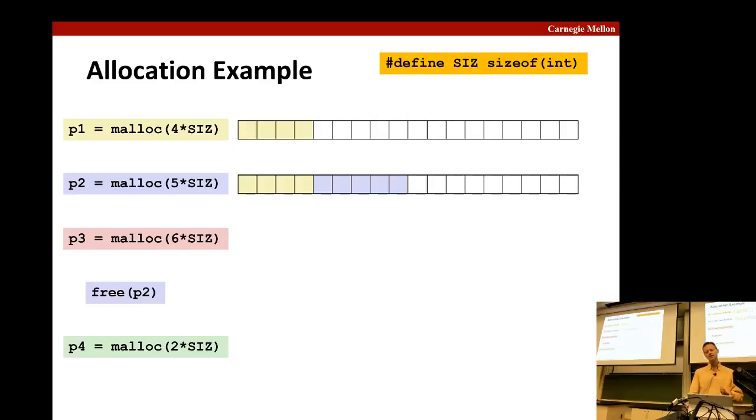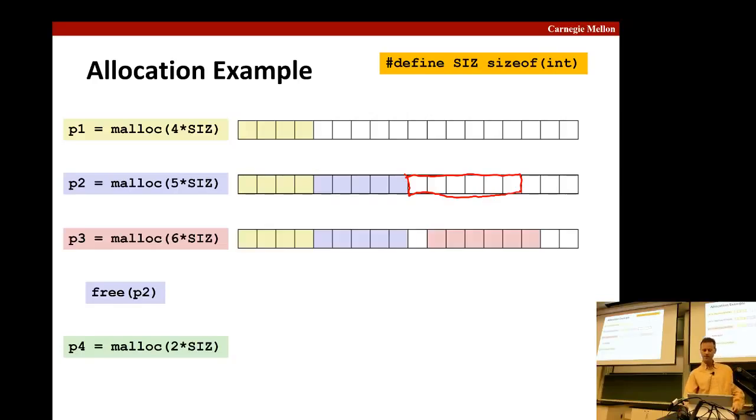And then the question is, where does this next one start? Do we just go ahead and take these next 6? I heard a no. Why not? It's not properly aligned. So we have to go to the alignment boundary, so it starts here. And we have a little bit of wasted space here.